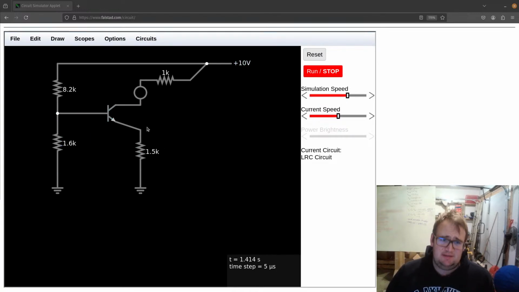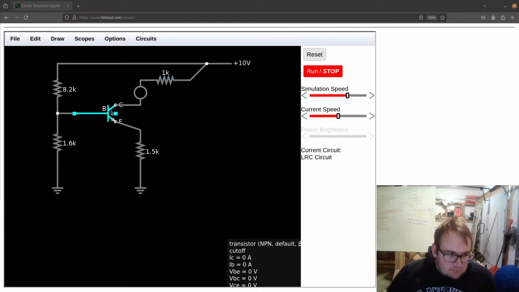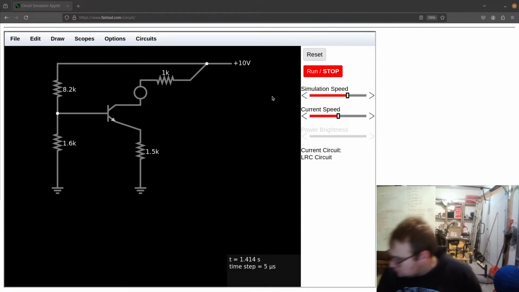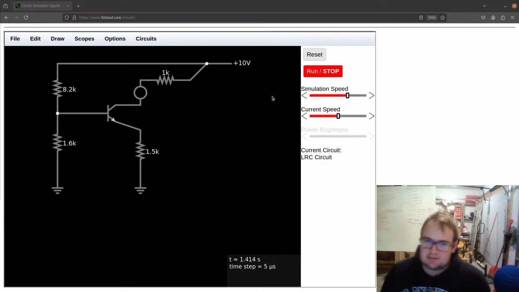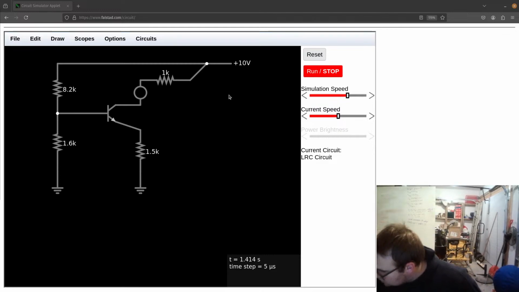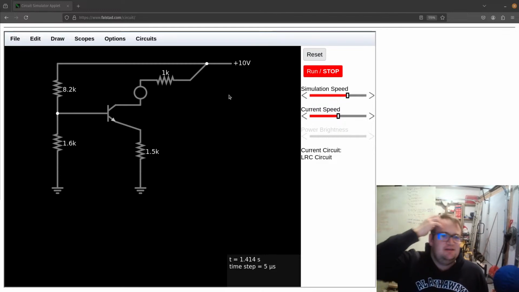They have this circuit. Now it's just a regular old transistor, a PNP transistor, and they just had it symbolized by a load. Now they say it is a current source exercise.